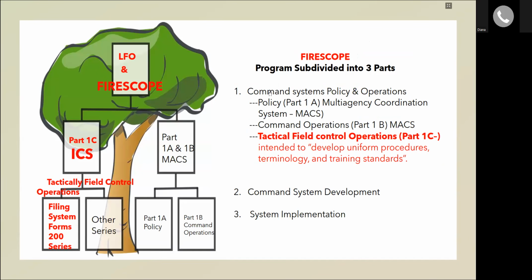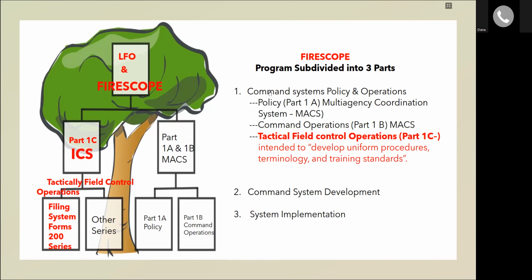This slide shows in more detail the generation that started with FireScope being an organization. That came out of the Large Fire Organization, and that birthed FireScope, and FireScope was divided into 3 parts. On the right-hand side of the slide, you'll see number 1 says command systems, policies, and operations. Number 2 is command system development. And number 3 is system implementation.